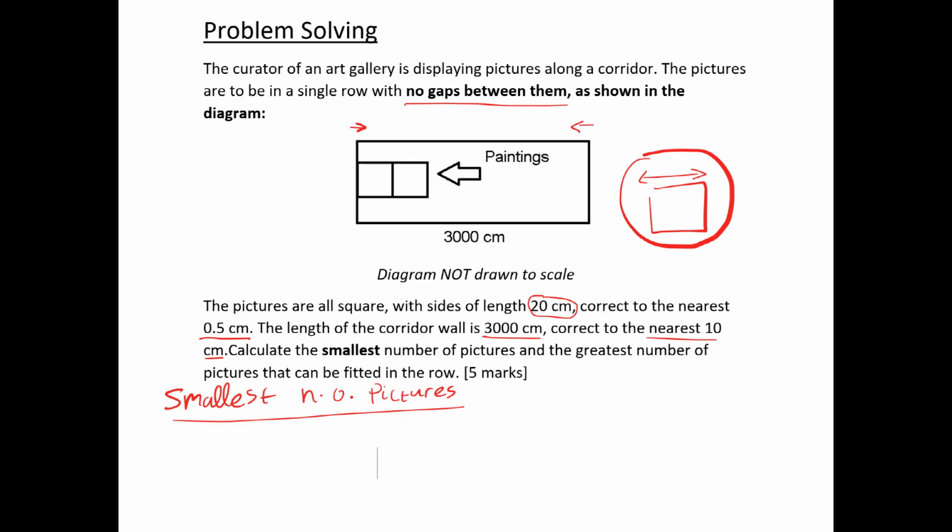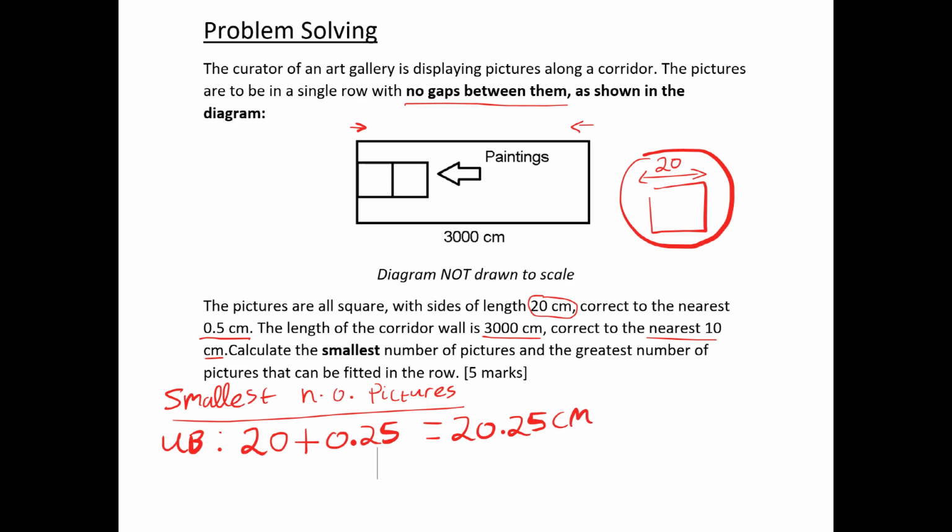So the pictures are all square with sides of length 20, but it's the nearest 0.5. So I'm going to work out the upper bound of the width of each painting, which would be 20 plus half of 0.5, which is 0.25. This gives me 20.25 centimeters.